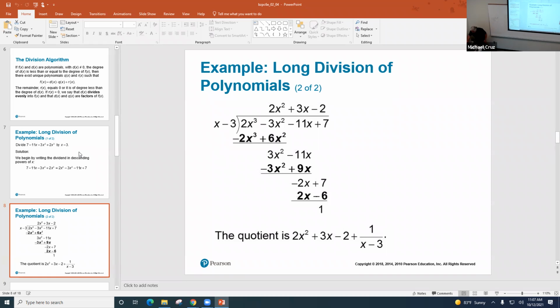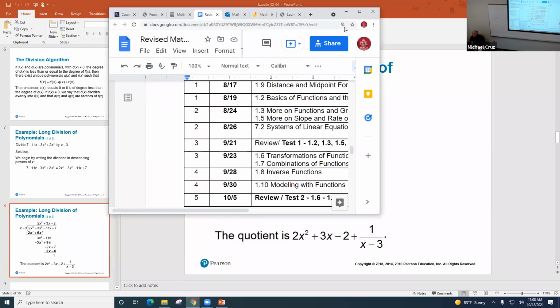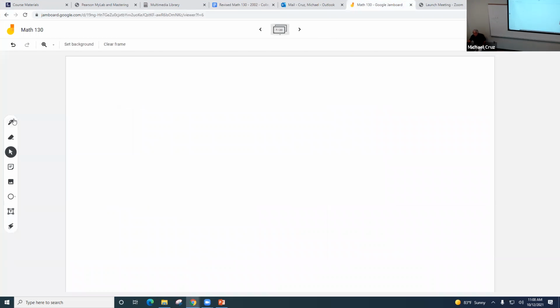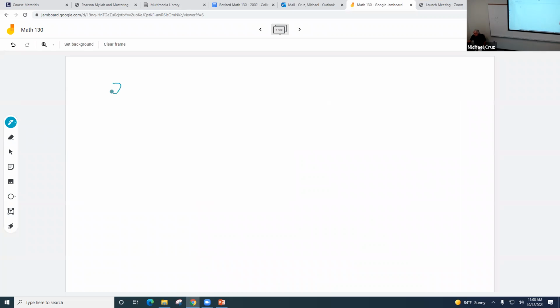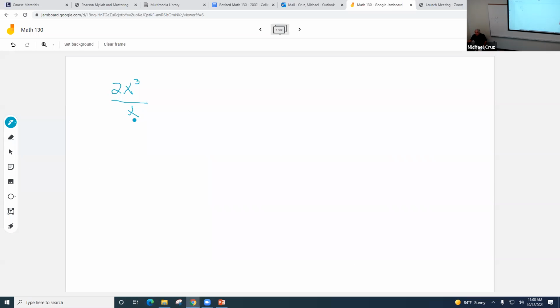And in case you forgot, or in case you never knew, because sometimes people just don't pick up on something, what we're doing is taking 2x cubed and dividing it by x. And that's 1x to the first power. So that simplifies out to 2x squared when we divide.